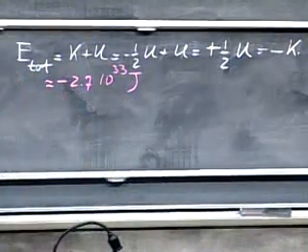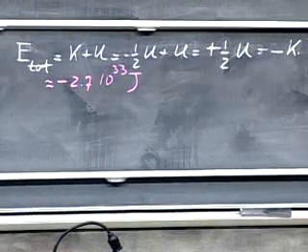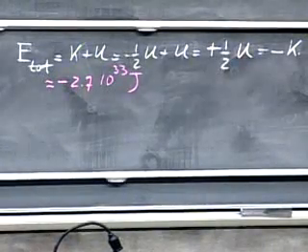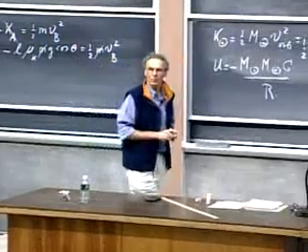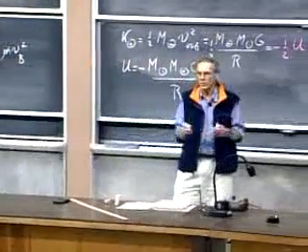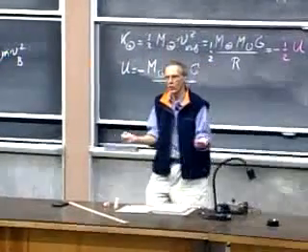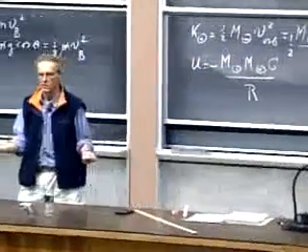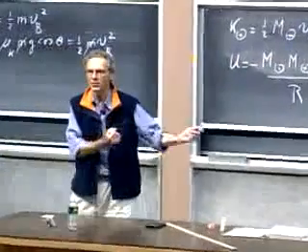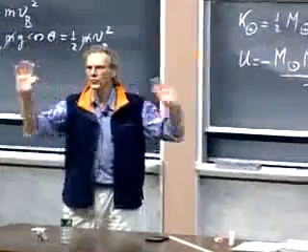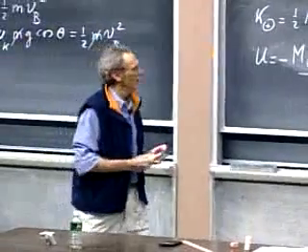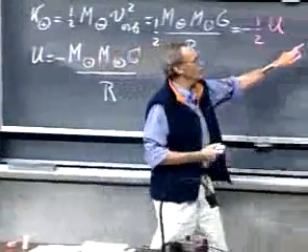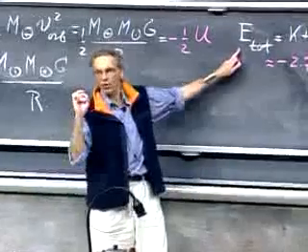Deeply negative. Now, if we get bored and we want to leave the solar system, then we can ask ourselves the question, if we mount a rocket to the Earth and we fire that rocket, how much speed should we give it to get away from the Sun once and for all and never come back? Well, all we would have to do is make the total energy of the Earth 0.